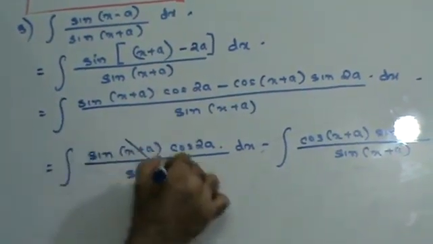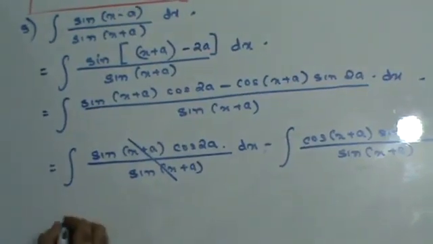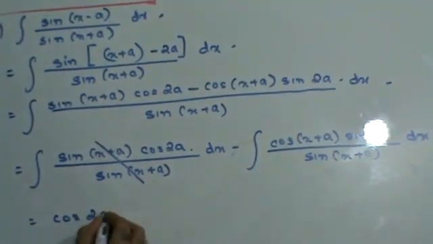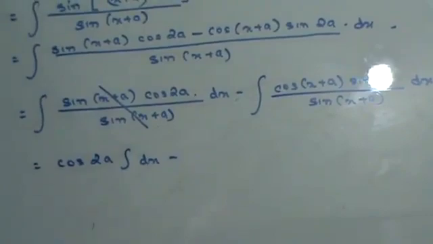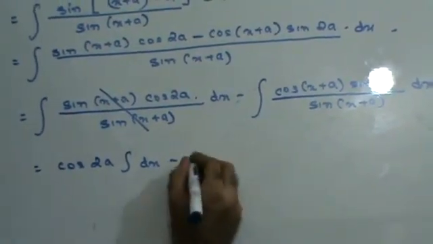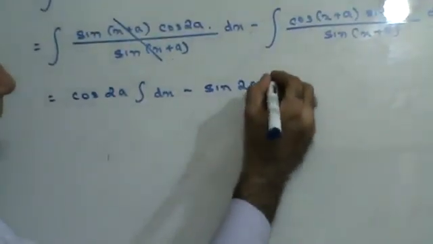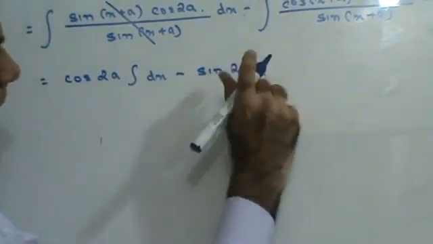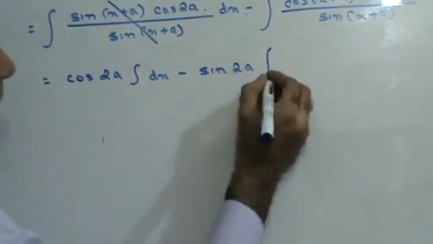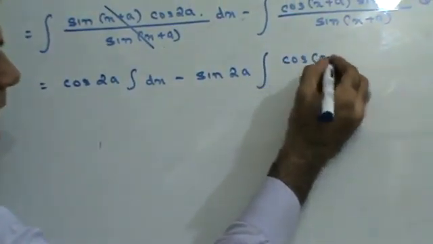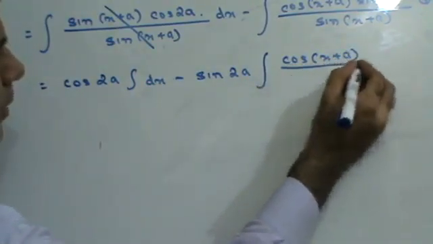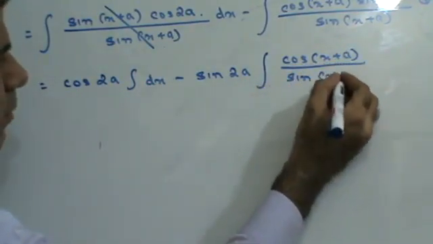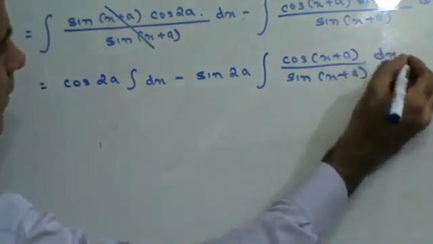Now sin x plus a gets cancelled. This is cos 2a integral of dx minus sin 2a integral of cos x plus a upon sin x plus a dx.